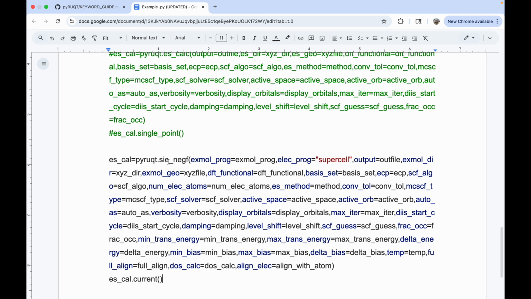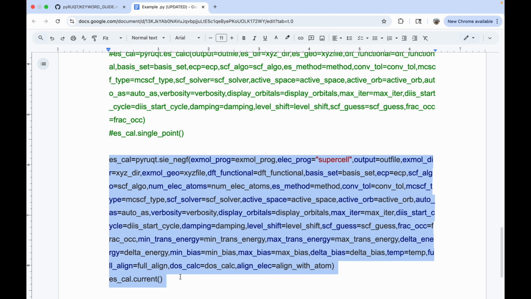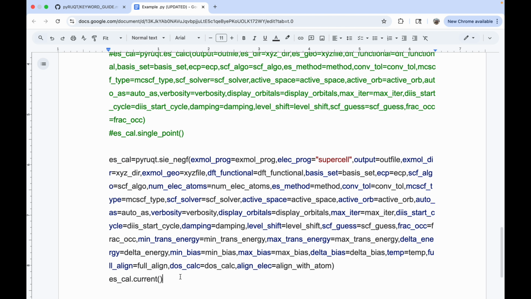Let's say you change this to wideband limit, you would add in that this would be a wideband limit calculation, etc. So this whole big chunk of code is telling the computer, okay, we're going to run a pyQUT and we're going to run a transmission. This is the type of transmission that we're going to run, and we are also going to generate the mol.dat using all of these settings.